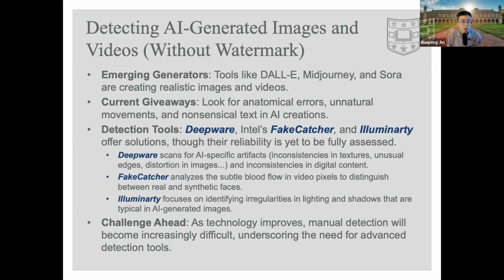So Illuminarty focuses on identifying irregularities in lighting and shadows that are typical in AI-generated images. But of course, the challenge ahead is that when the technology improves, manual detection will become increasingly difficult.